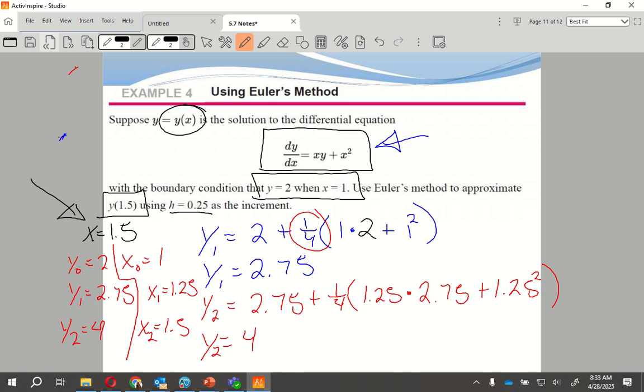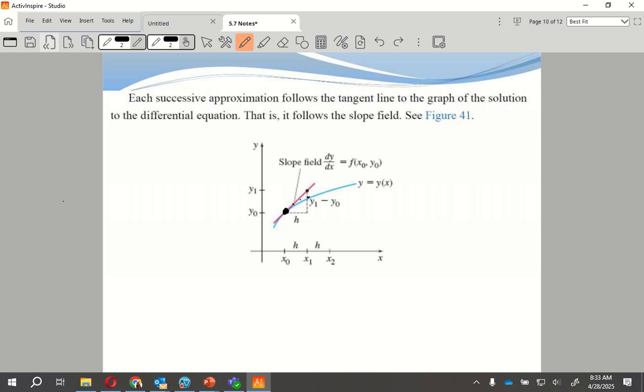And since it said an increment of 0.25 starting at 1, I had 1, 1.25, then 1.5. So that's why I had to get my third one there. And this is for approximating what it is going to be, which is going to be this point right about here.